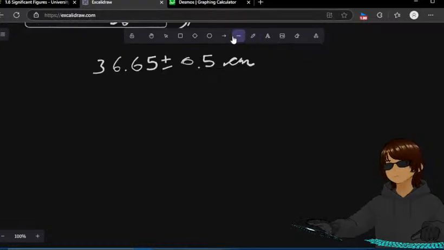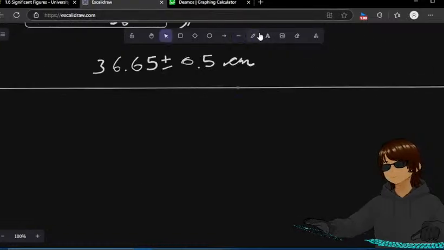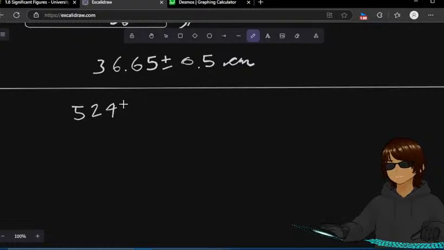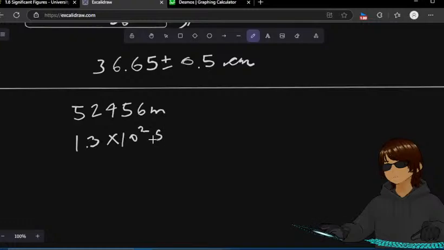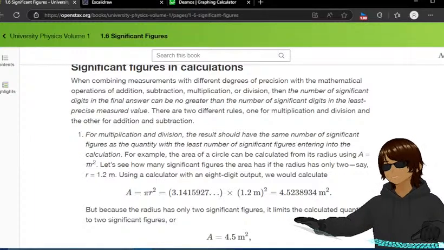So let's say they give us a question where the distance traveled is this many meters, and the number of seconds was this many seconds. Our final answer will be two significant digits, not this many significant digits. You're going by the least precise value.